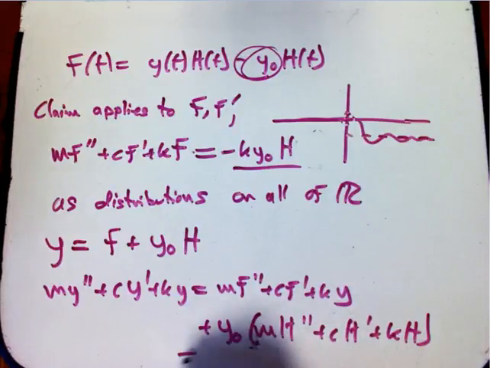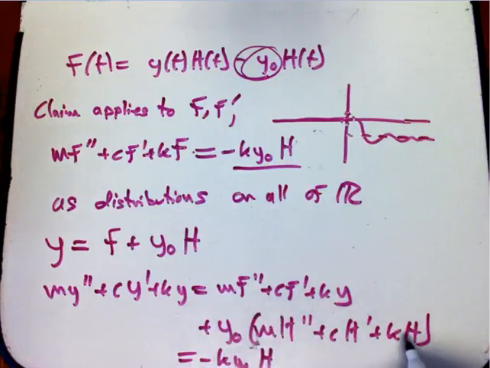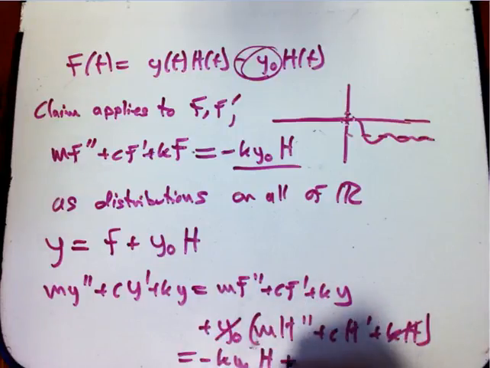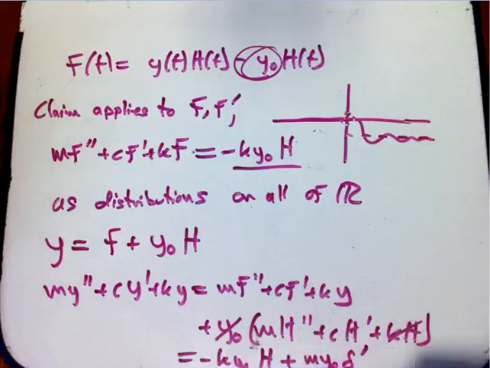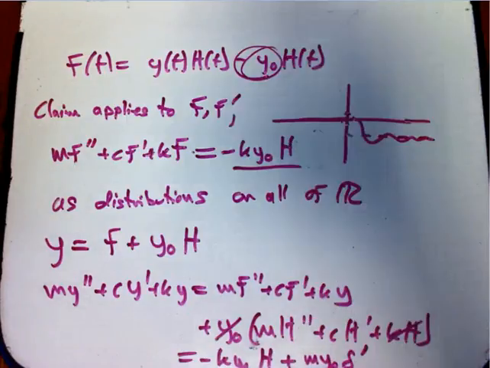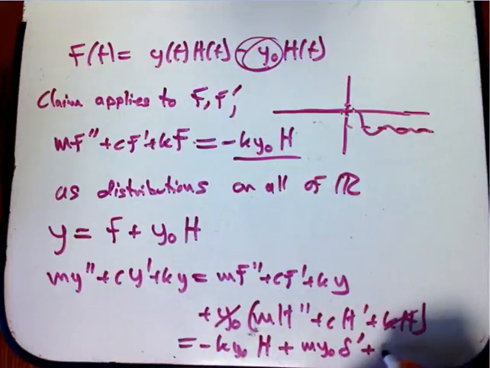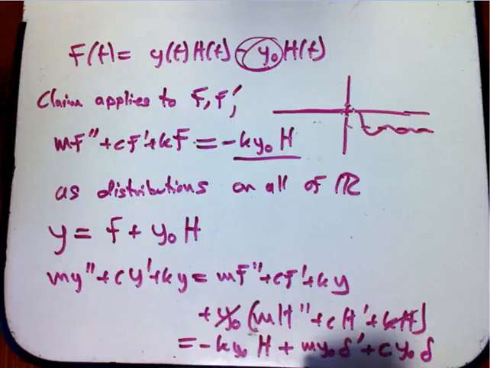Okay, so this all gives me a minus k y naught h, and surprise, surprise, that cancels the y naught k h here. And then plus, and here's the punchline, we get an m y naught delta prime, which is what we got before. Plus, and this is the new thing that comes from the damping term, a c y naught delta.